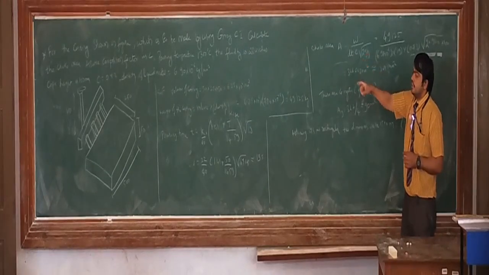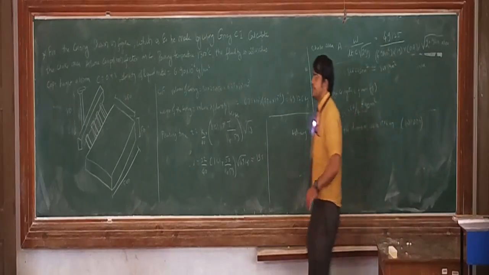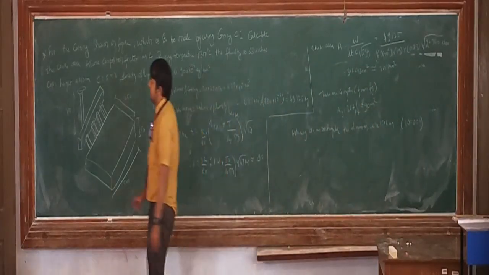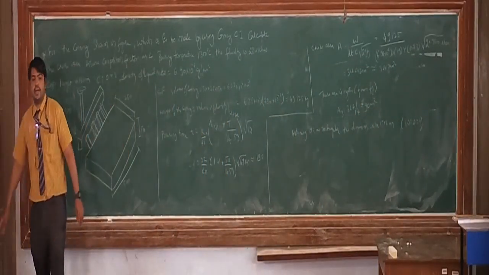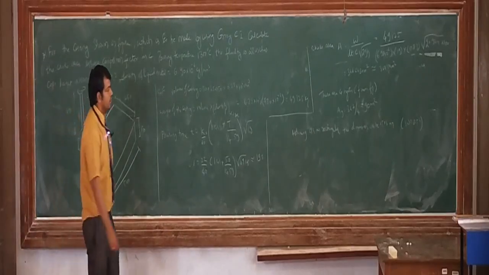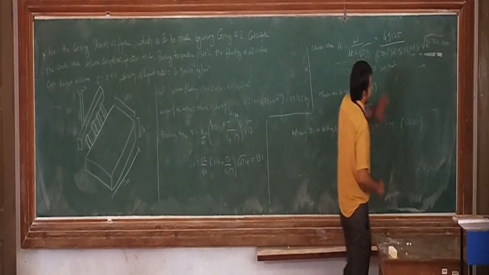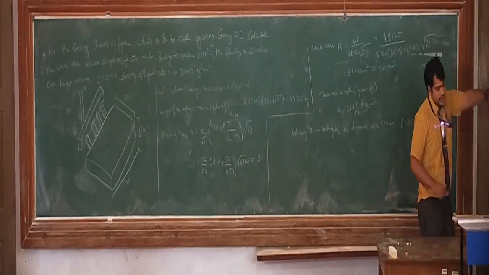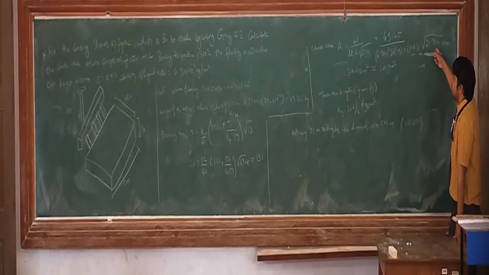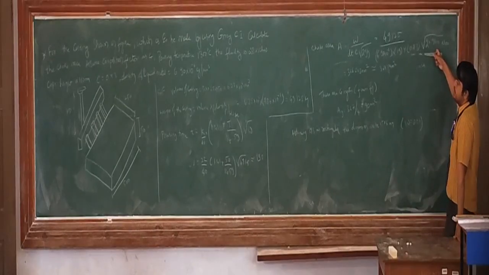Here the sprue base is not visible, so whatever dimension is given, we consider it to be the effective height of the sprue. Those values will be substituted. You can see here again the gravity is converted in terms of millimeter per second, and because of that we are going to get the values.